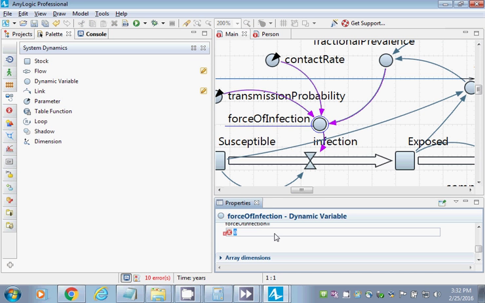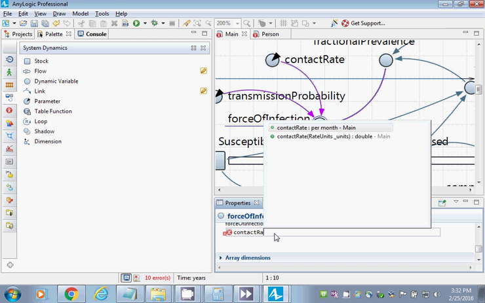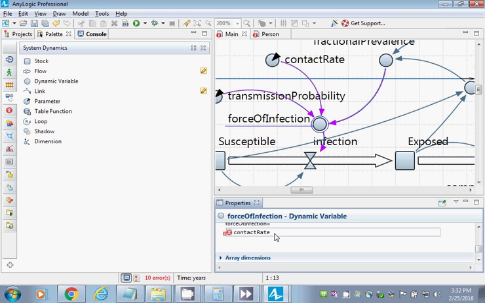And for each of those infectious people with whom I have contact, I have a transmission probability of becoming infected.